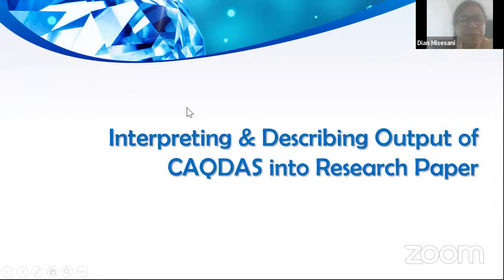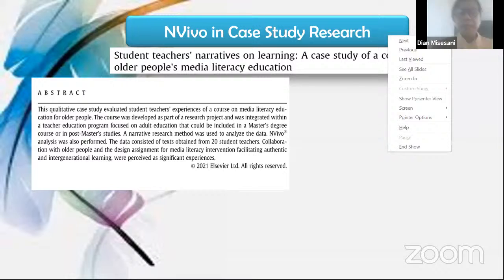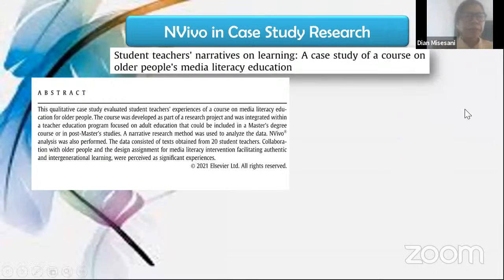Now it is time for me to present how to interpret and describe the output of categorizing in a research paper. Here I will present 5 types of qualitative research that use Nvivo to analyze, interpret, and describe the data.